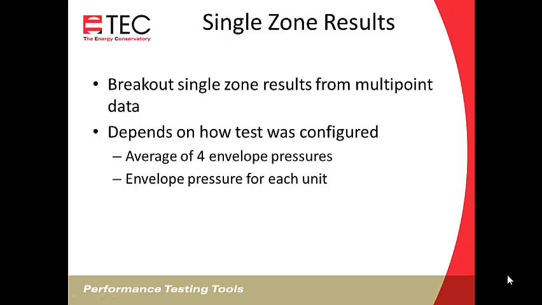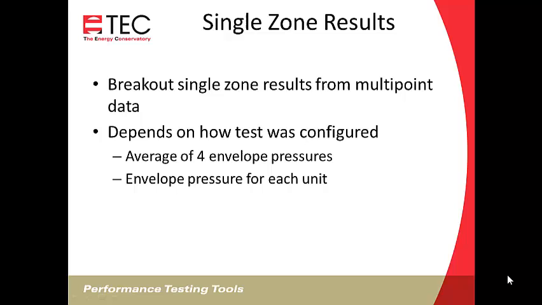You can only access them from the outside, and we're cruising one primary zone to the average of those 4 envelope pressures, and then we're following it with an interior pressure that's measuring the pressure between the 2 units, and we're going to maintain the same induced pressure on both of them. And so that's one scenario.